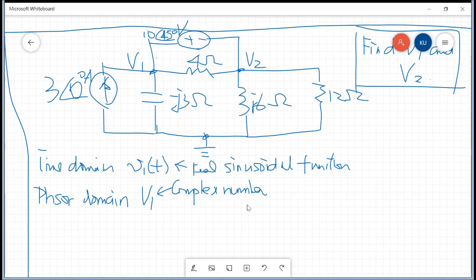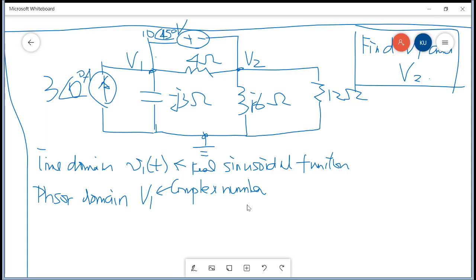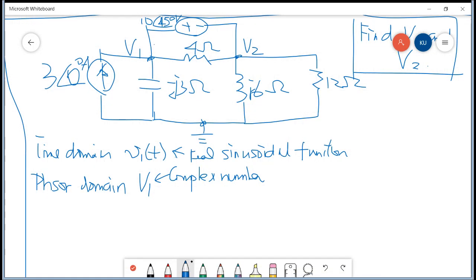So the circuit is already converted into the phasor domain, so we can just skip the first step. So for node 1, we can write the nodal equation.